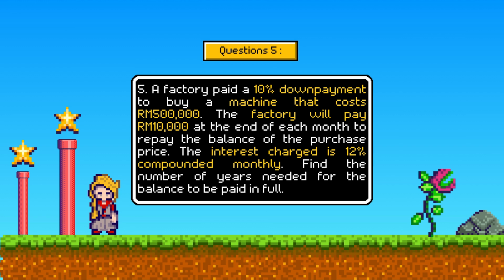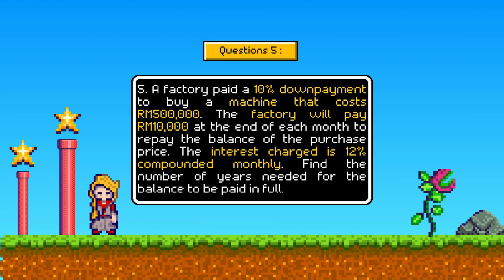Let's go to the last question. A factory paid a 10% down payment to buy a machine that costs 500,000 ringgit. The factory will pay 10,000 ringgit at the end of each month to repay the balance of the purchase price. The interest charge is 12% compounded monthly.